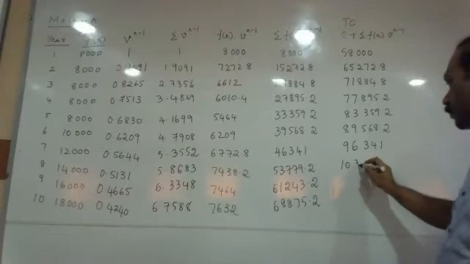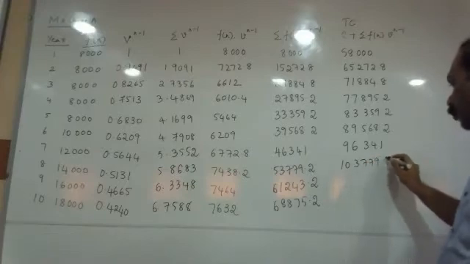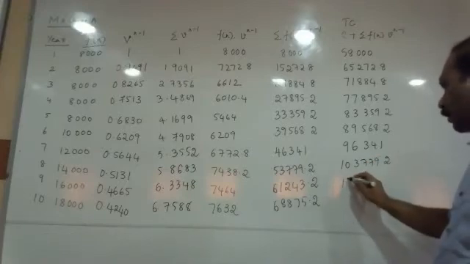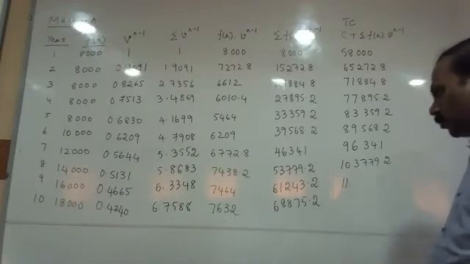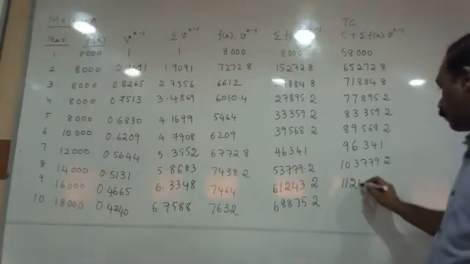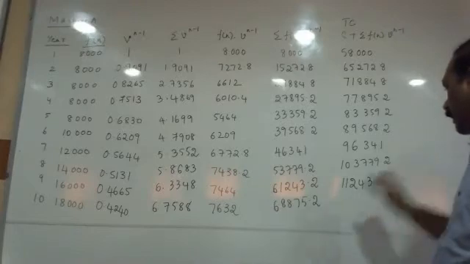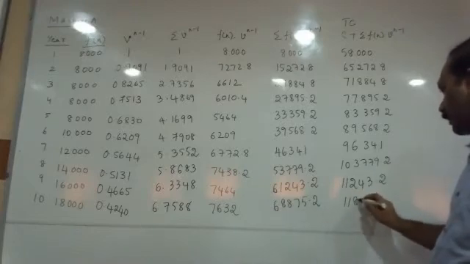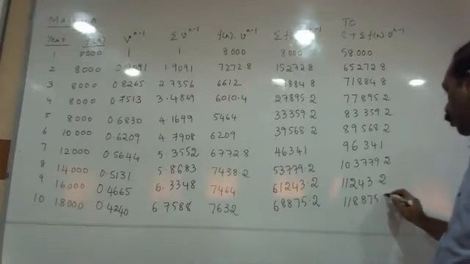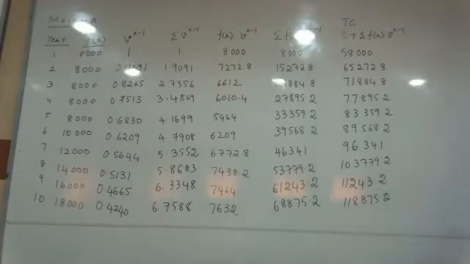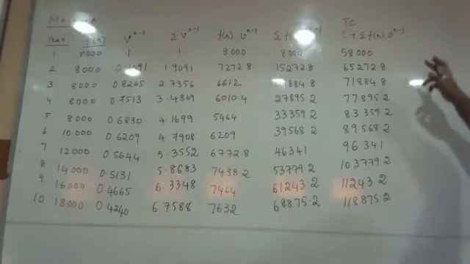Next it is 103,779.2. Then it is 243.2, and then it is 118,875.2. I've just added the cost of the equipment with all the values.